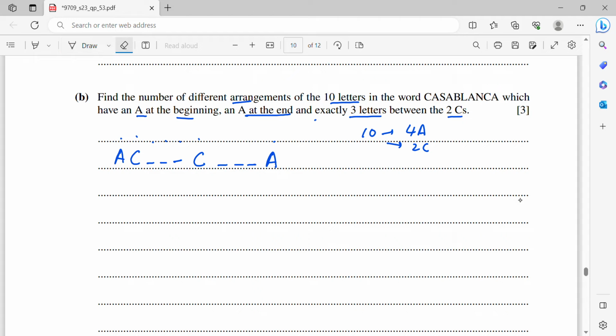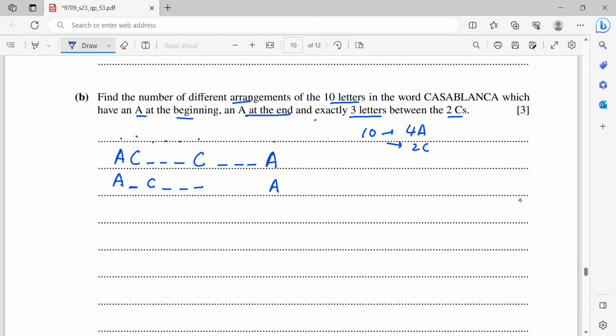Okay, this is the first arrangement. Now my first is A, last is A, and my C is in the second place. Make sure there are 3 letters between the 2 C's.